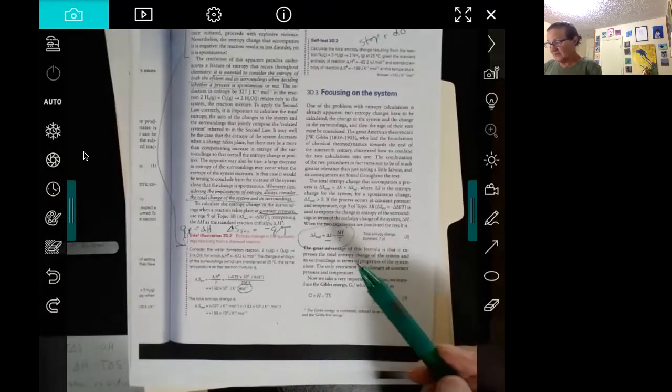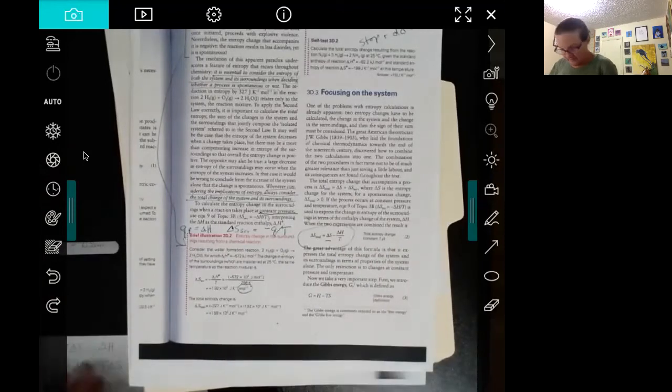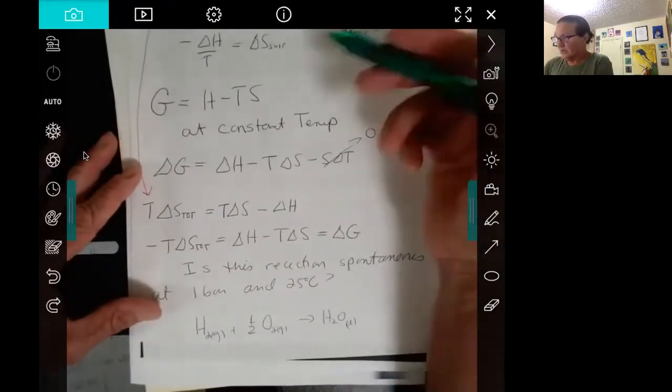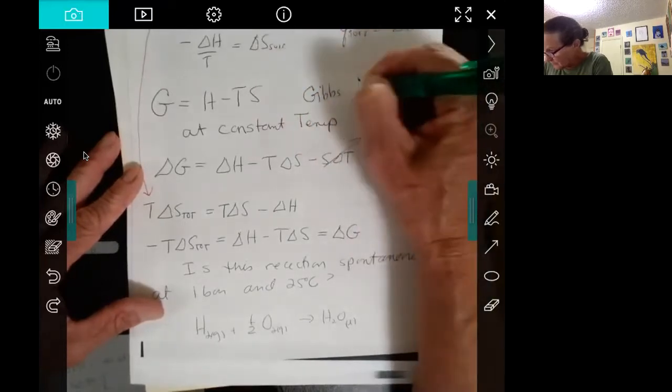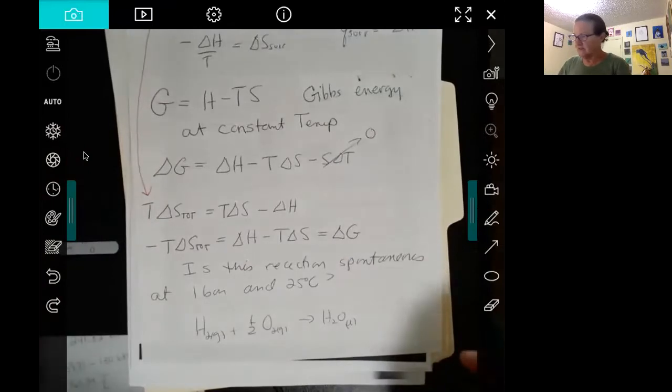So now let's define a new function to make it easy to look at this. So if we define the Gibbs free energy, I'll do it bigger here. So we define a new function. And it's going to be useful at constant temperature and pressure.